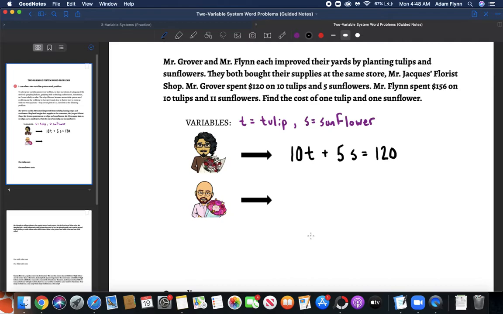Now for my equation down here, with awesome Bitmoji, we can do the same exact thing. We bought some amount of tulips and some amount of sunflowers, and the total cost was $156.